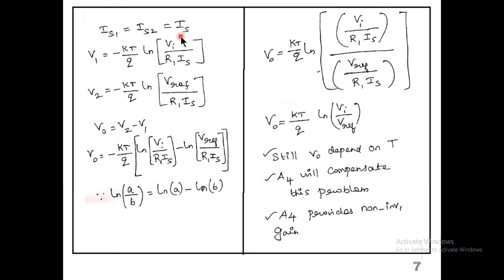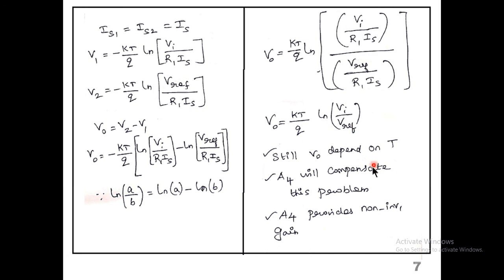V1 can be written as minus KT by Q ln of VI divided by R1 IS. V2 is minus KT by Q ln of reference voltage divided by R1 IS. The output voltage V0 equals V2 minus V1. Finally, we get KT by Q ln of VI divided by reference voltage.